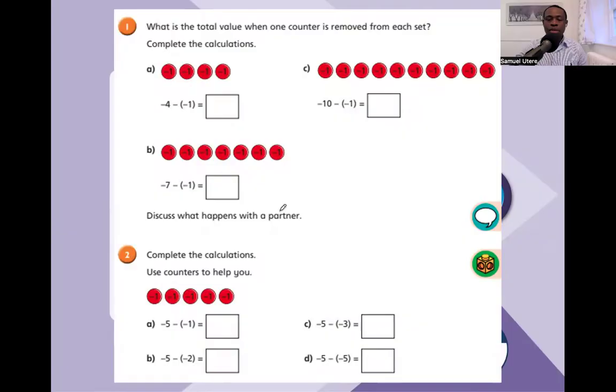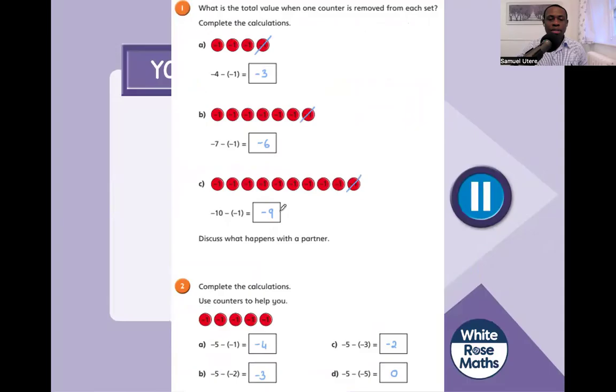Assuming you've paused the video and you've answered questions 1 and 2, here are the answers. Let's discuss them. So here you will simply ask, what is the total value when one counter is removed from each set? You can see here that this is how the calculation is represented: -4 subtract -1.